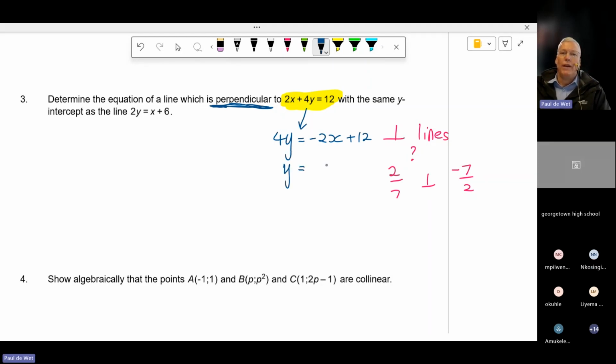Divide by 4. I'm going to get -2/4 x plus 12 divided by 4, which is 3. Who can tell me the gradient of this line? Where do we get the gradient from? The gradient is the coefficient of x. So this line has a gradient of -0.5.